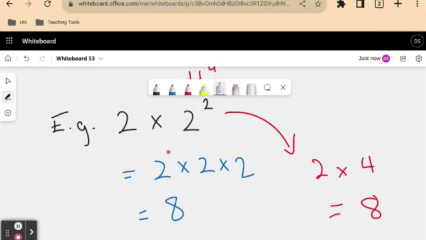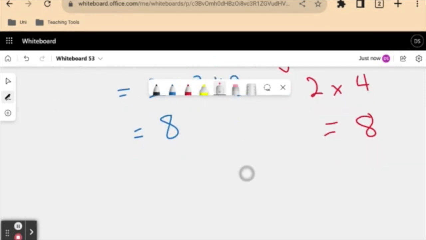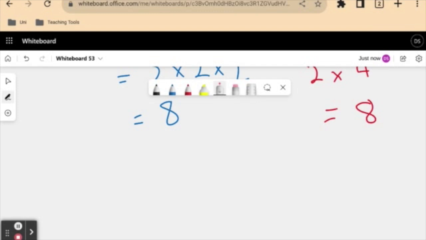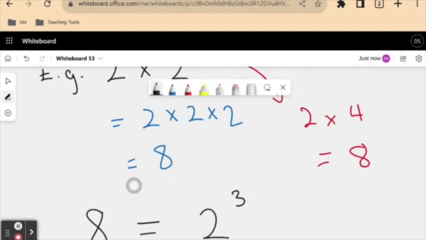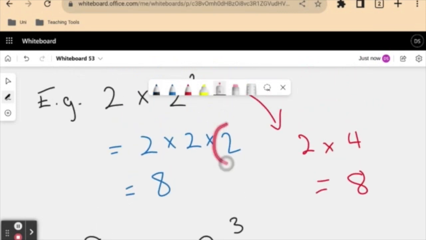We can express 8 as a base of 2 to some power, and we can say 8 equals 2 cubed.